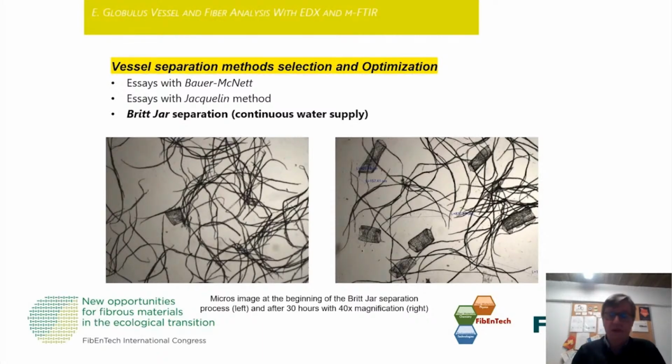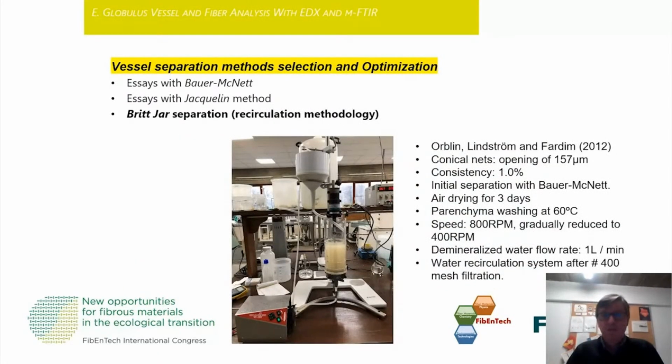So we devised a second method inspired by Örber, Lindström and Fartin's paper of 2012, where conical nets were used with an opening of 157 micrometers, a consistency of 1%, with previous air drying for 3 days.